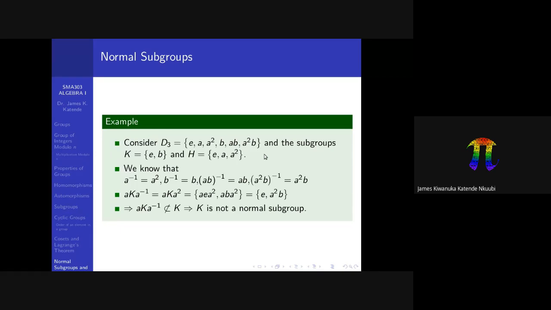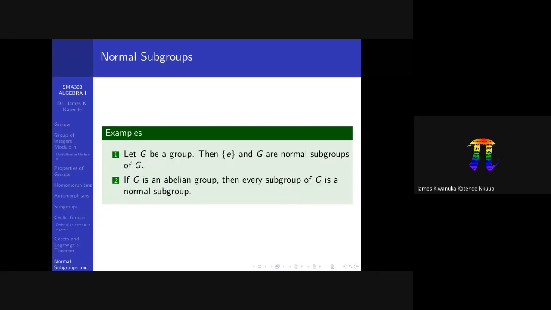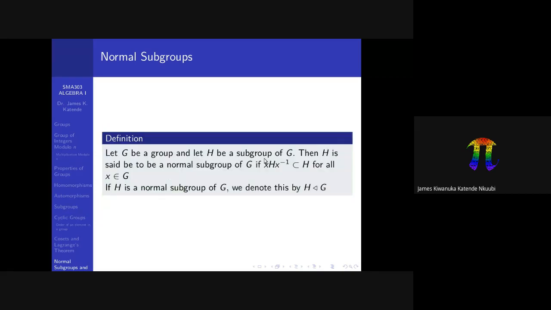To check if they are normal subgroups, let's go back to the definition. We need to check if for all X in the group, XHX inverse is a subset of H. If you look at this definition, it requires this statement to be true for all X in G. So if it fails for just one element, then H fails to be a normal subgroup.